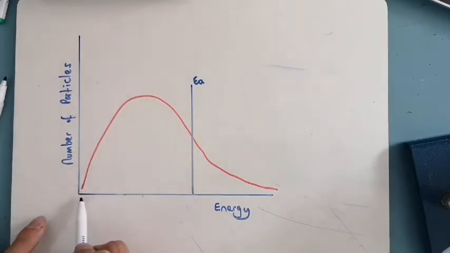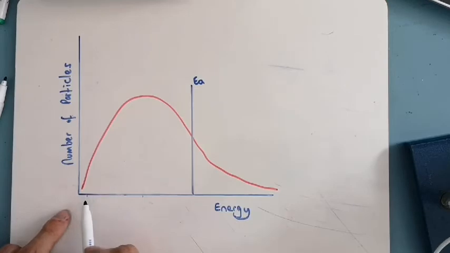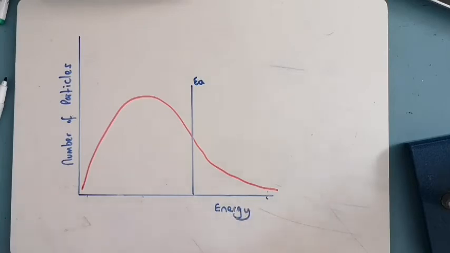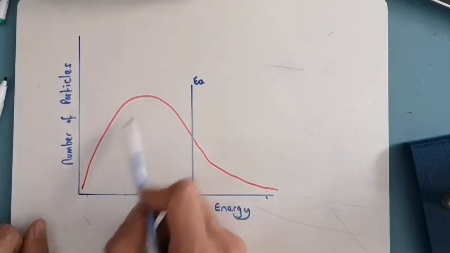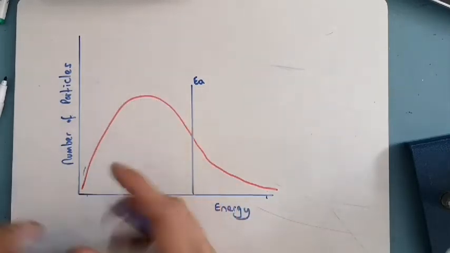If we go right down here, there are very few particles with very low amounts of energy, and the same over here. So essentially all the space underneath this line represents the number of particles.